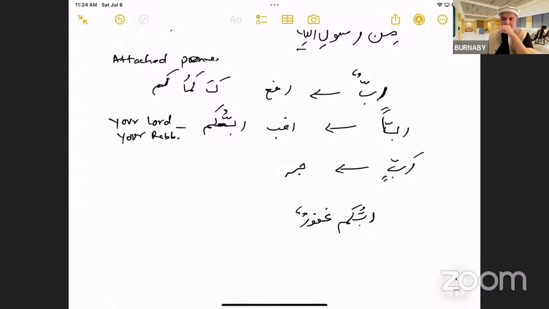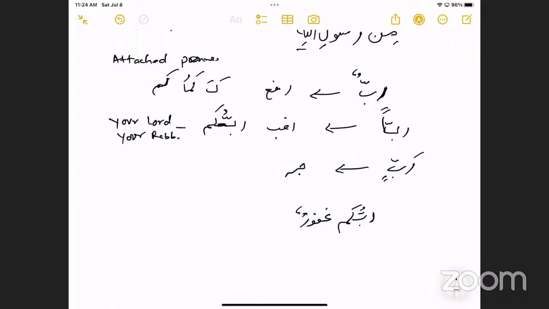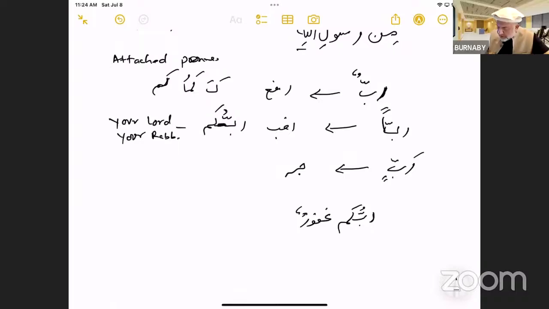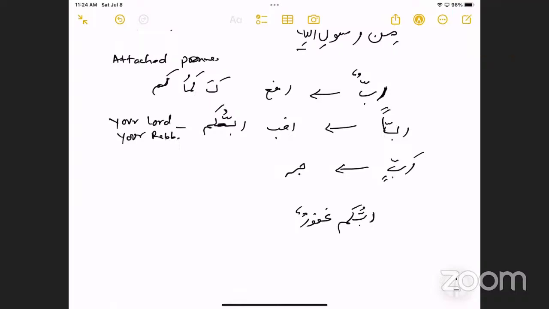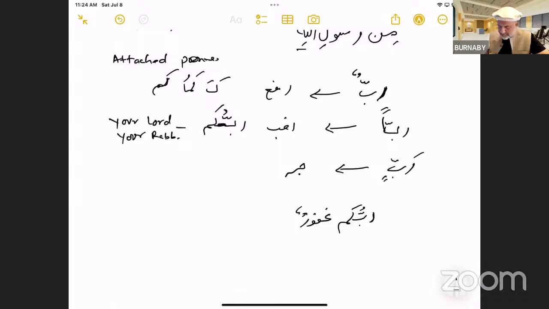Is that a nominal sentence, guys? Rabbukum ghafur. So is this my mubtada? Rabbukum. Is Rabbukum a murakkab izafi? Rabbukum ghafurun. So over here the mubtada is a murakkab izafi, right?